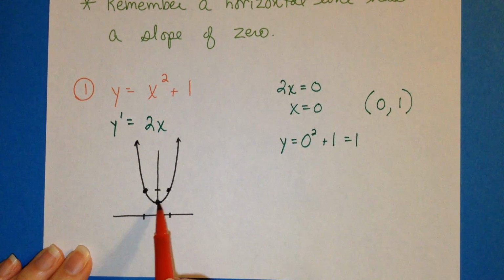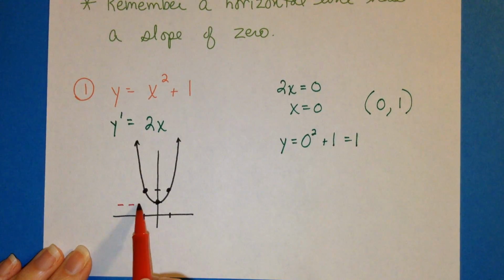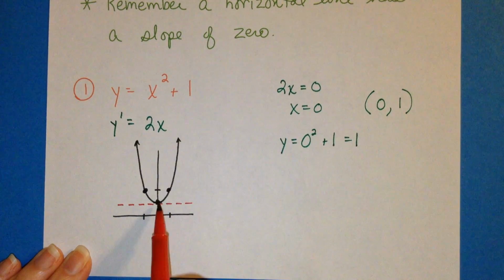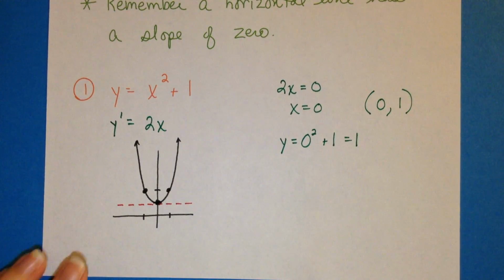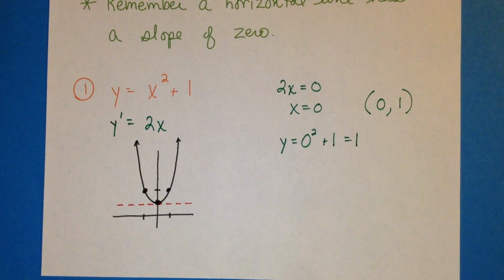And since that's the bottom of that valley, that would require that tangent line at that point to be horizontal. So these points are going to be at the top of hills or at the bottom of valleys typically all of the time. Okay, next one.